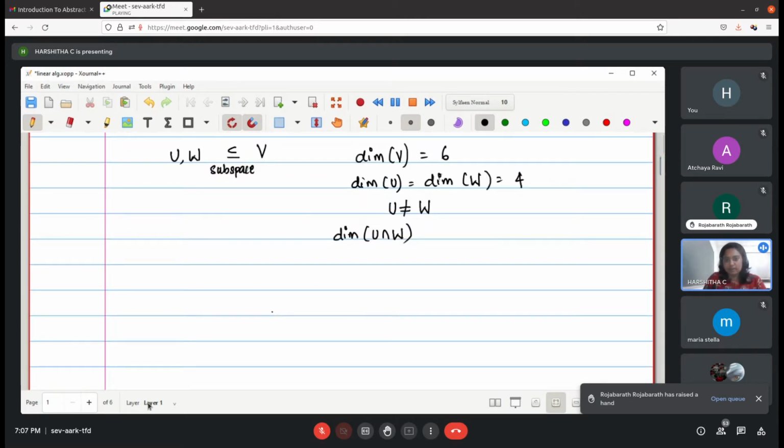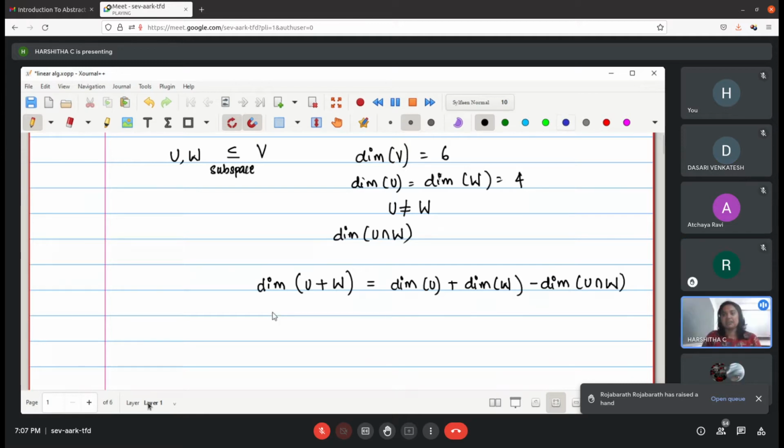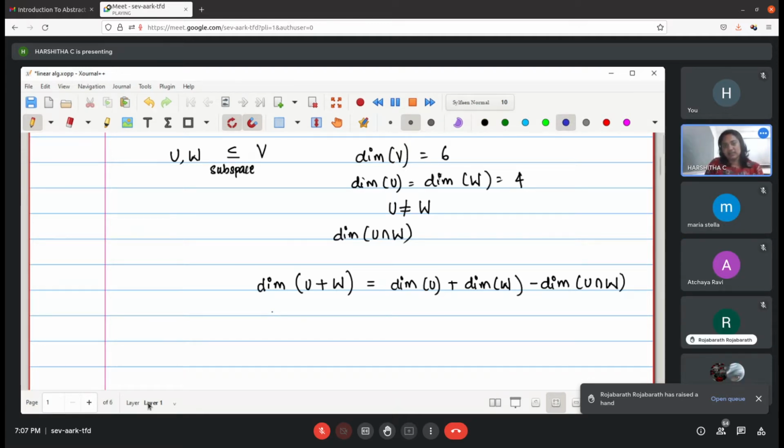There is one formula which you can derive. Dimension of U plus W equals dimension of U plus dimension of W minus dimension of U intersection W. If you remember, we did something like this for set theory, so you can have this analogy.